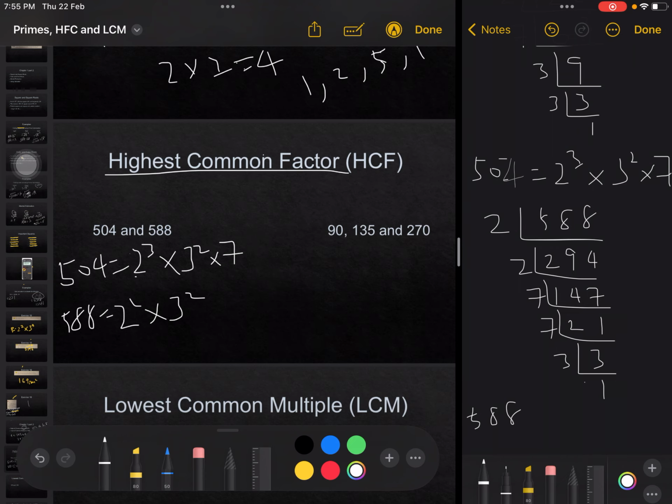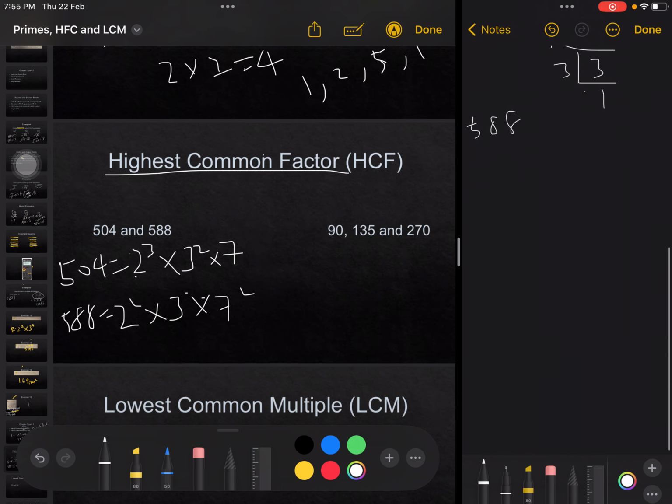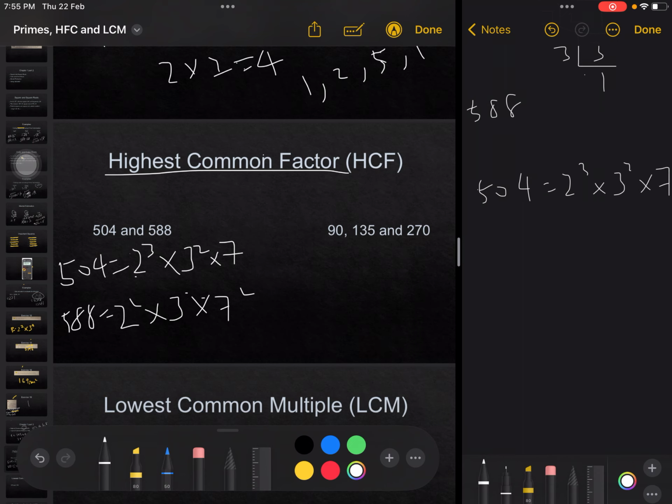So we copy this over here: 504 equals 2 to the power 3 times 3 to the power 2 times 7, and 588 equals 2 to the power 2 times 3 times 7 to the power 2.